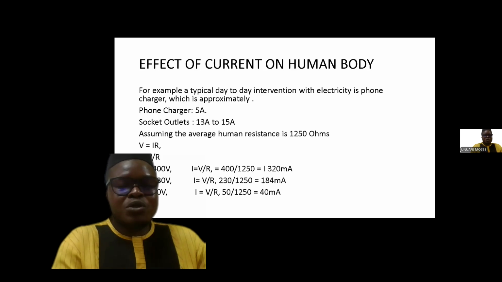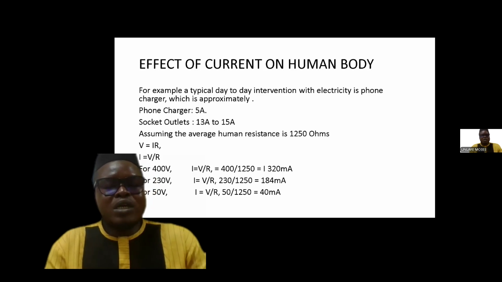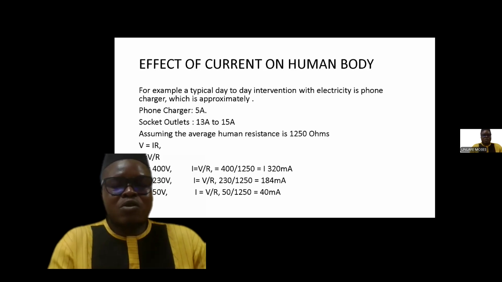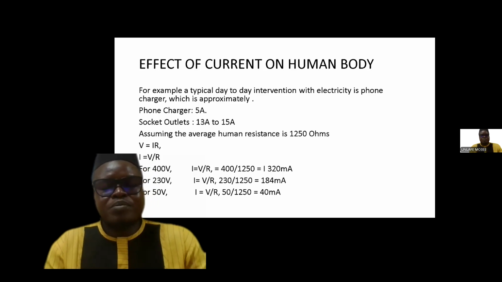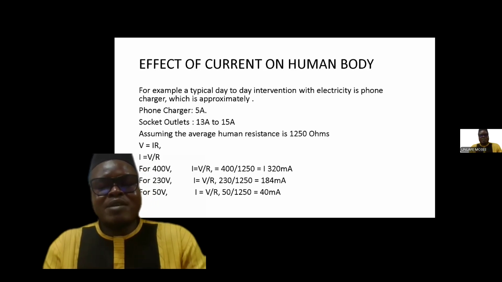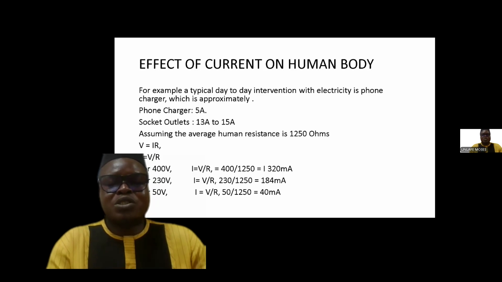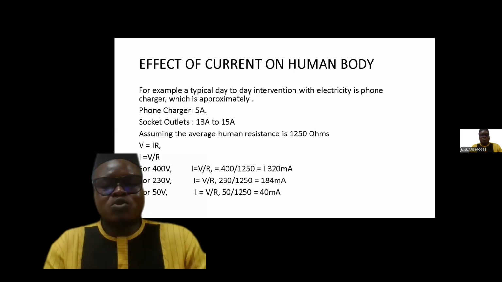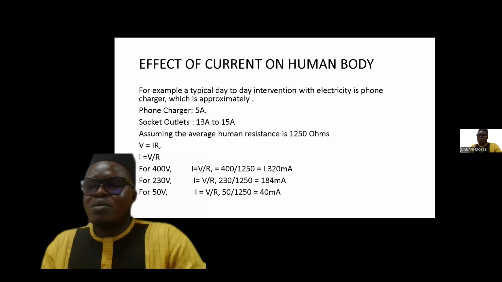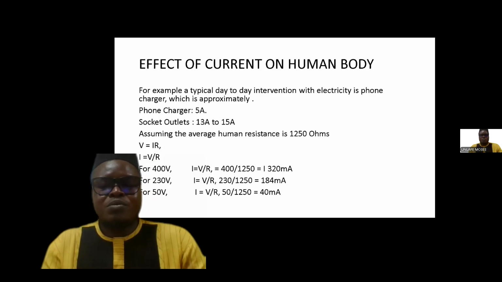Resistance. So, 400, which is the voltage across the body, divided by the resistance of the human body, which is assumed to be 1,250 ohms.